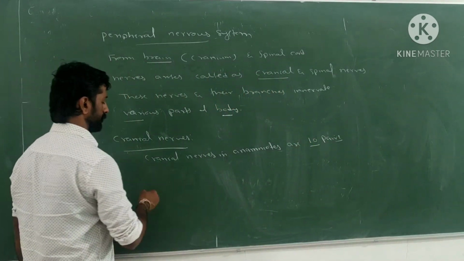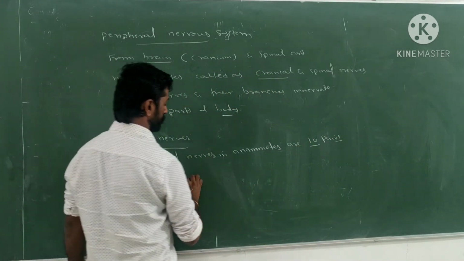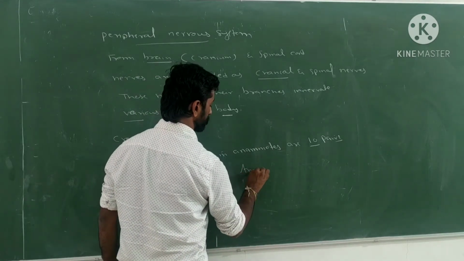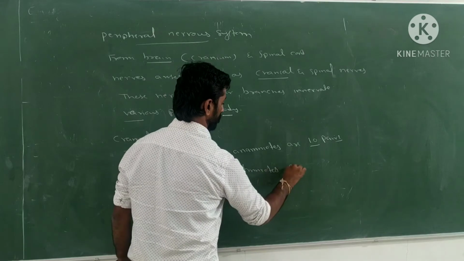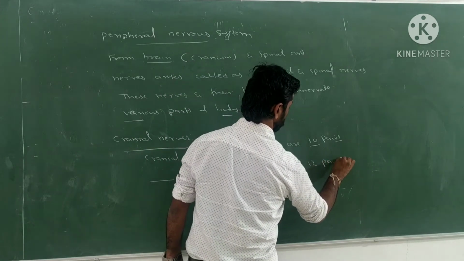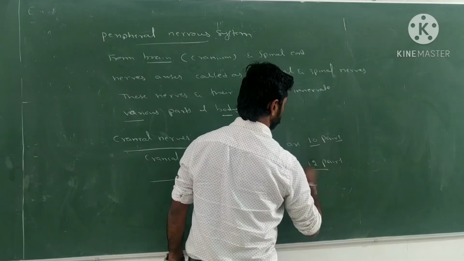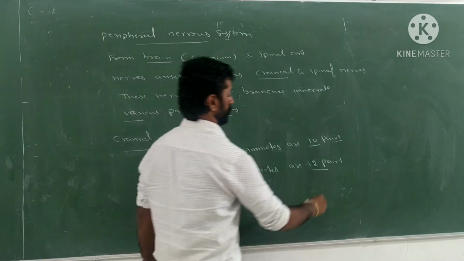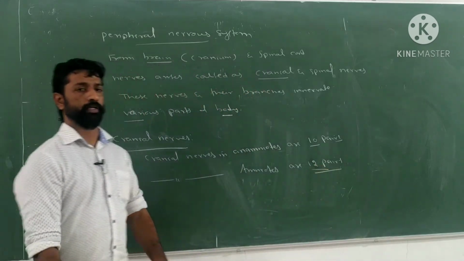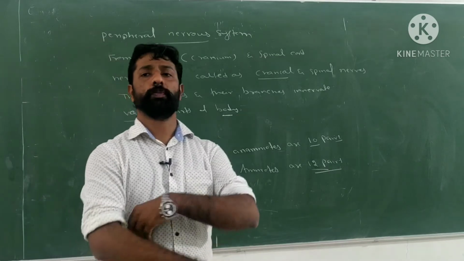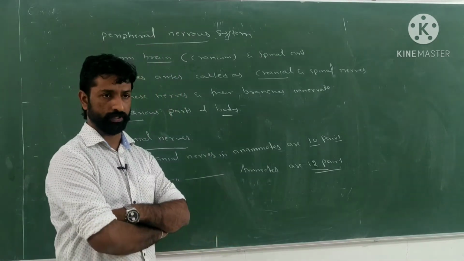What about amniotes? The cranial nerves among amniotes are 12 pairs. So how many pairs are present in human beings? 12 pairs. Particularly in the higher vertebrates, 12 pairs of cranial nerves are present.